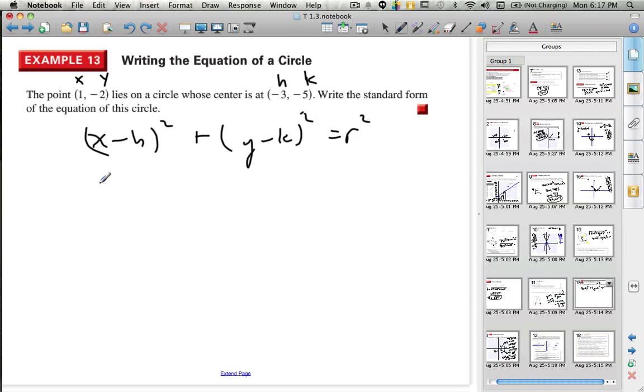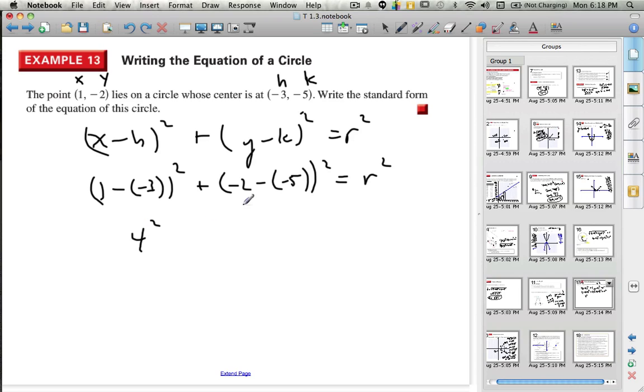So I'm going to have 1 minus negative 3 squared plus negative 2 minus negative 5 squared will be equal to r squared. 1 minus negative 3 is 4 squared. Negative 2 minus negative 5 is 3 squared. So 16 plus 9 is 25, which is equal to r squared.